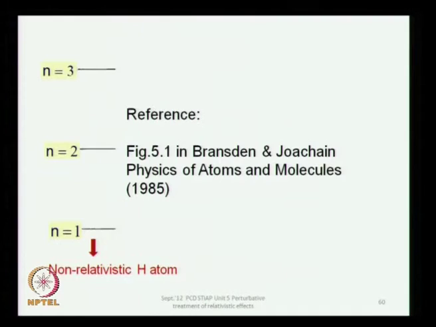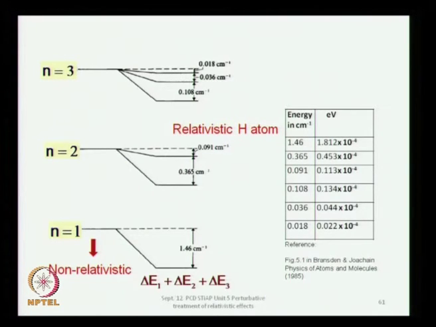So, this is the non-relativistic hydrogen atom. This is of course not drawn to scale, and then when you make relativistic corrections, this is a result that you get from a combination of all the three corrections. Delta E1 is the relativistic kinetic energy correction, then you have the spin orbit correction, and then the Darwin correction.